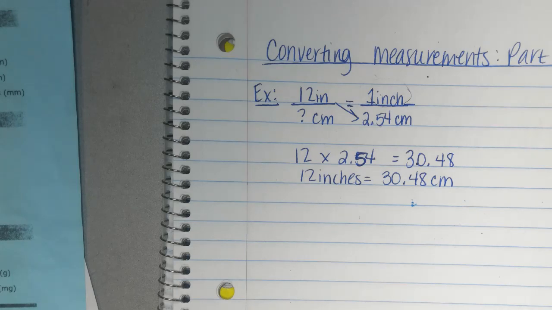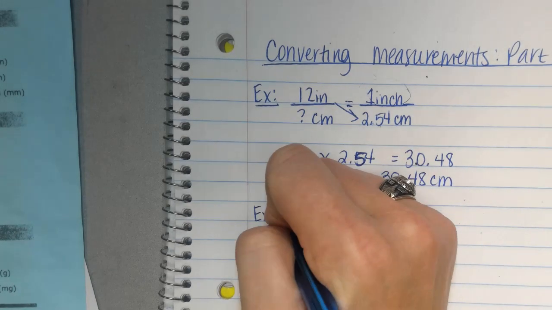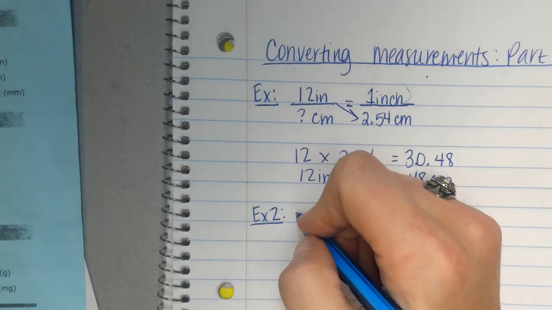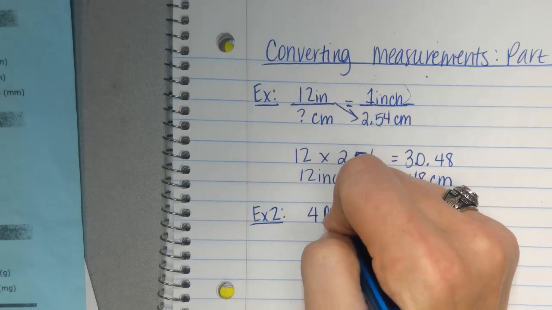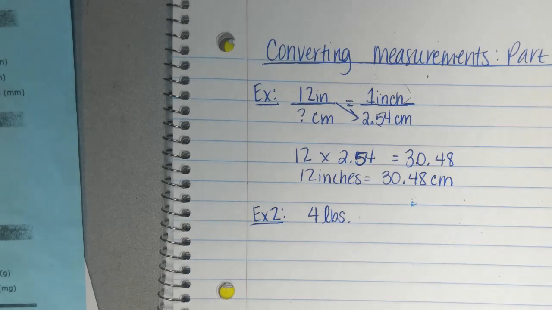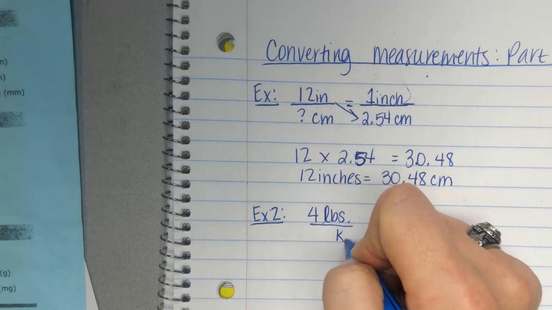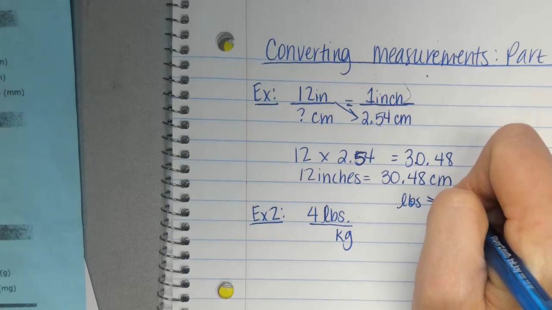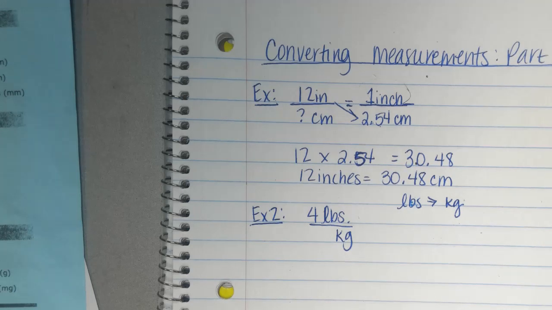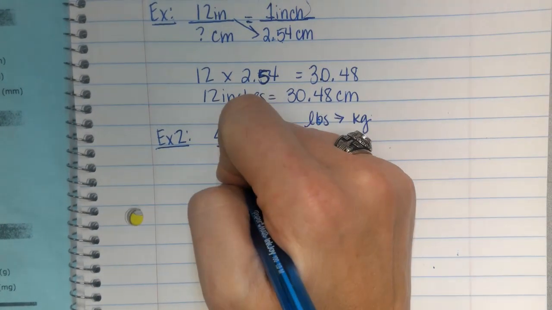Okay. All right, we're going to make this a little harder now. Example number 2. A kitten weighs 4 pounds, abbreviated lbs. What is the approximate mass of the kitten in kilograms? So we're going from pounds to kilograms. We don't know what this is.